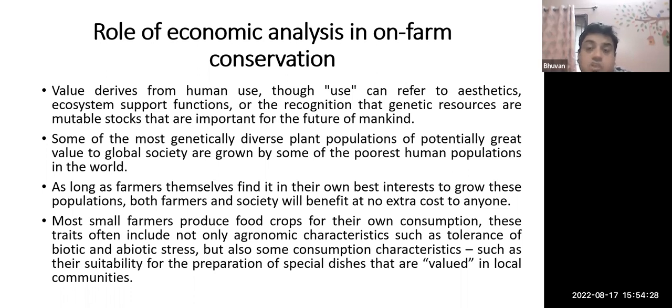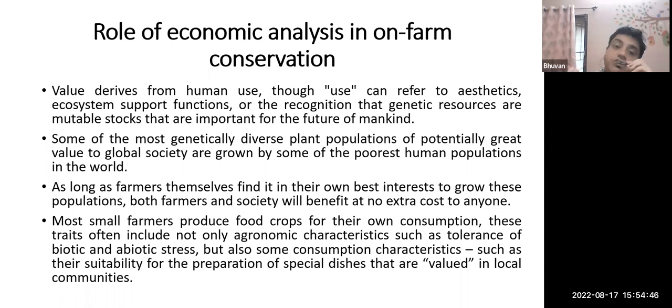We are growing the same variety of plant at a very large scale, and that's why they are very susceptible to various kinds of diseases, and at the same time they require large investment in the form of fertilizers and pesticides.